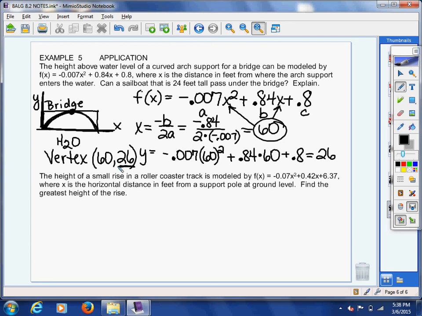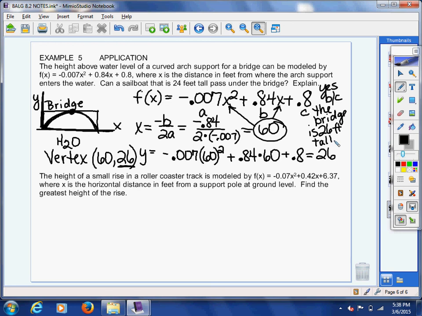And hopefully you said, yes. Yes, it can. Can a sailboat pass under the bridge? Yes, because the bridge is 26 feet tall at its peak, which I didn't write, but that's the truth of that. Okay? So there's the first example.